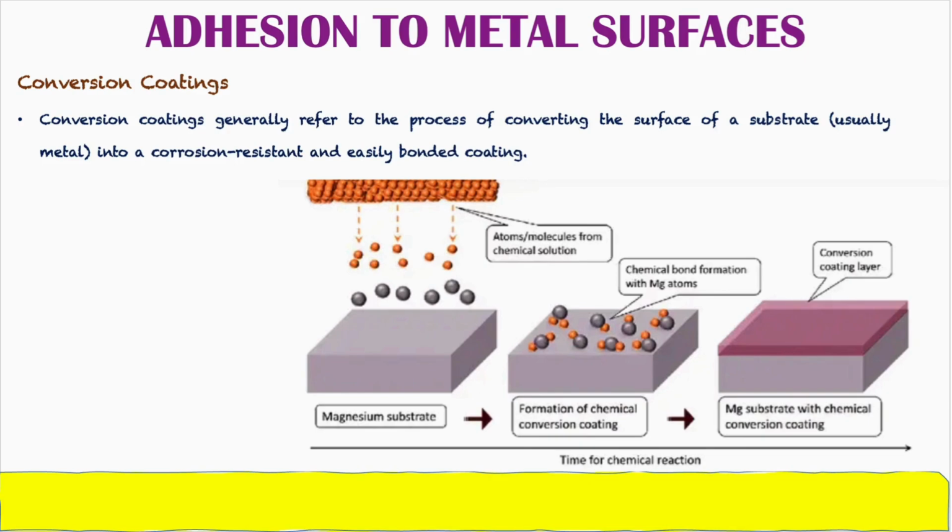So a chemical conversion coating is formed. Finally, the conversion coating layer can be seen as a colored layer on the surface of the magnesium substrate. Now, a variety of conversion coatings are used which are phosphate based.